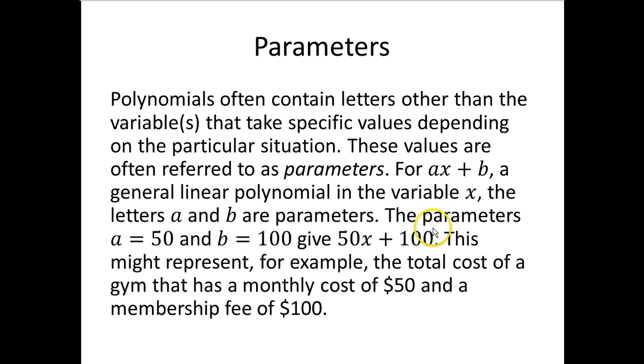Let's say I give the parameter a a value of 50 and b a value of 100. Alright, this turns my polynomial into 50 times x plus 100 once I substitute those values of a and b into my polynomial. This might represent, maybe, the total cost of a gym that has a monthly cost of $50 and a membership fee of $100.